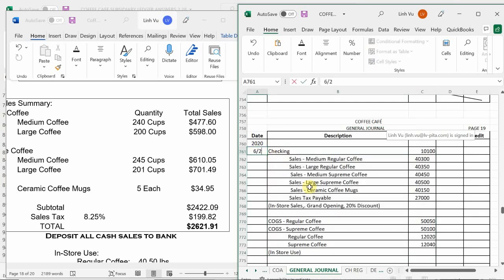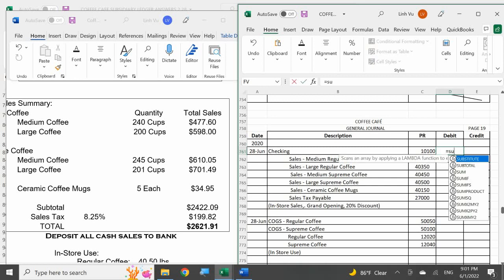Okay? And this is for the 28th of June. Okay? So I'm going to put in my formula here so I can test my total debits to equal my total credits here. Okay.